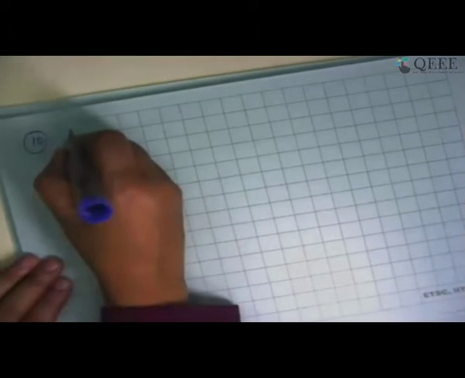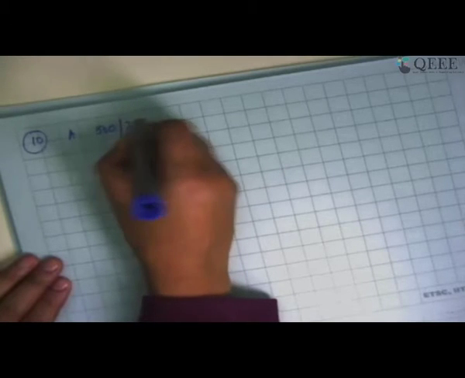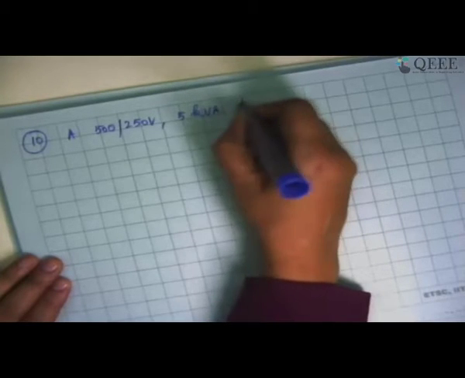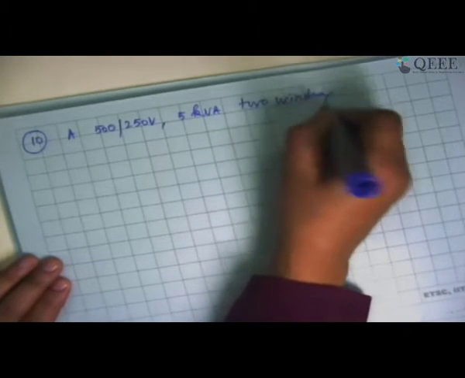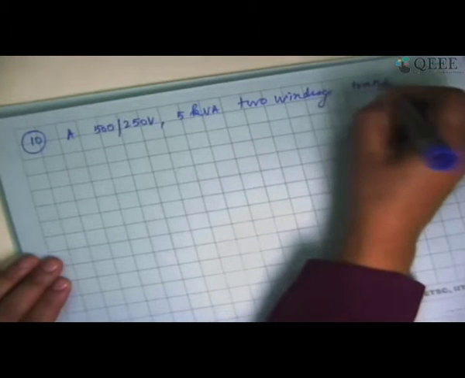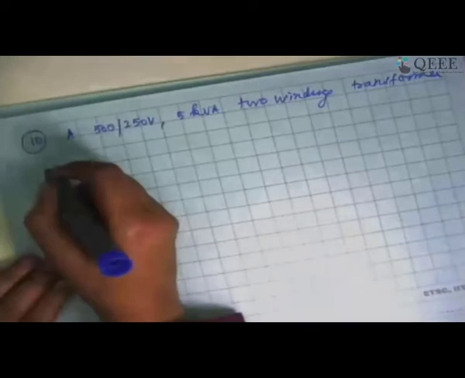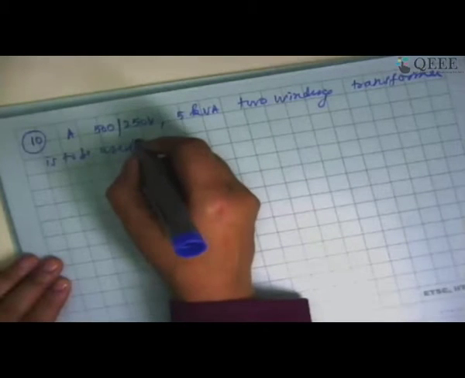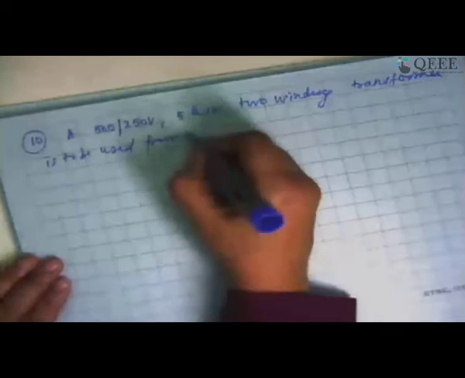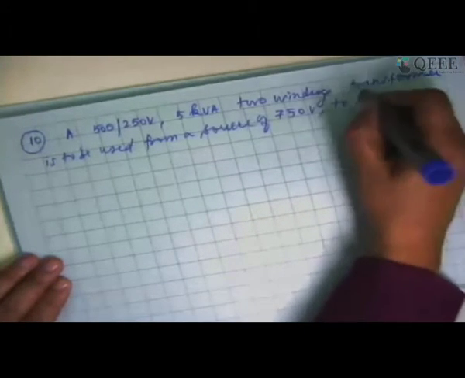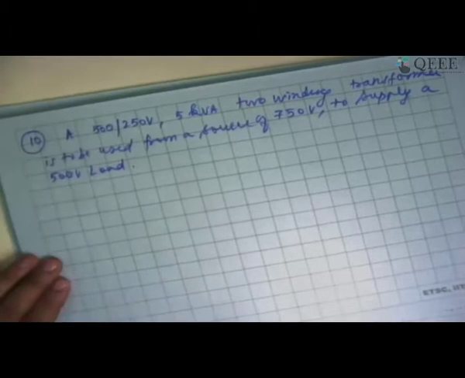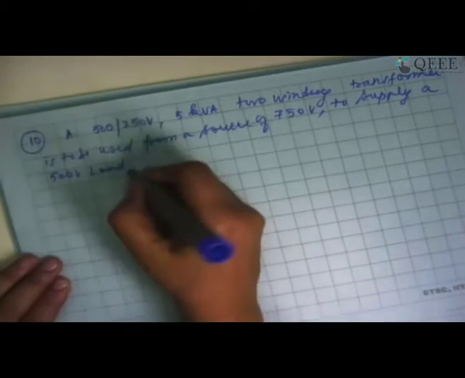A 500 by 250 volts, 5 kVA, 2-winding transformer is to be used from a source of 750 volts to supply a 500 volts load at 50 hertz.